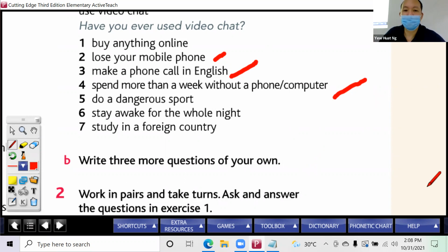Number 4. Have you ever spent a week without a phone or computer? No, no, yes. Oh, I like to hear that. Why?